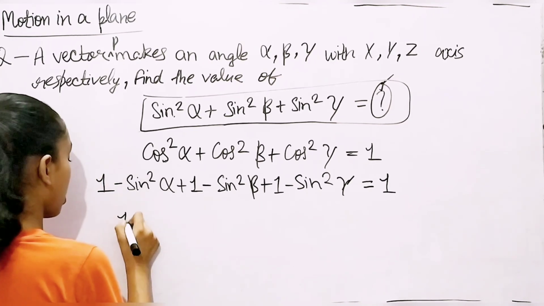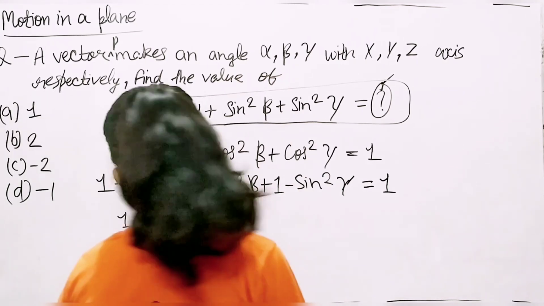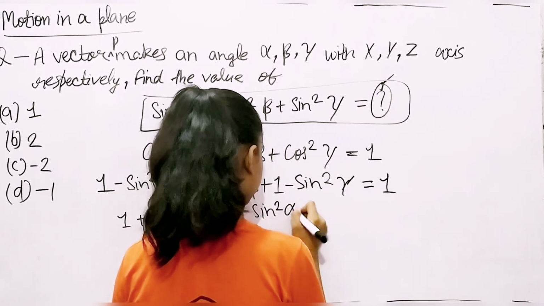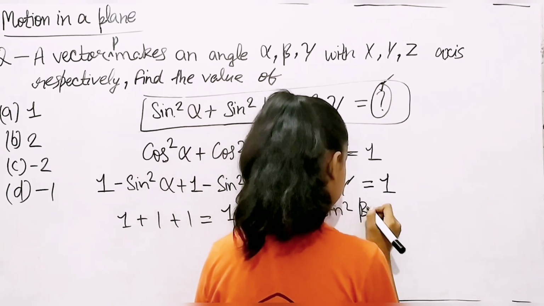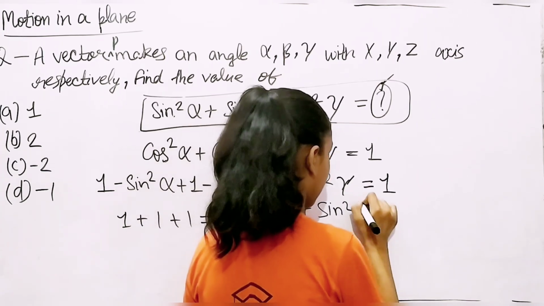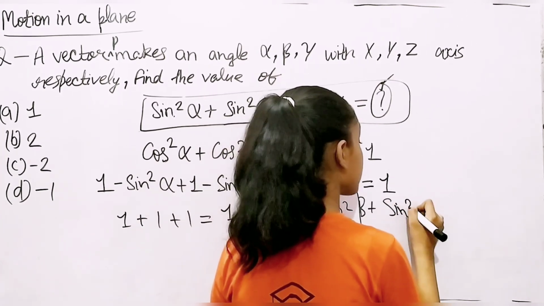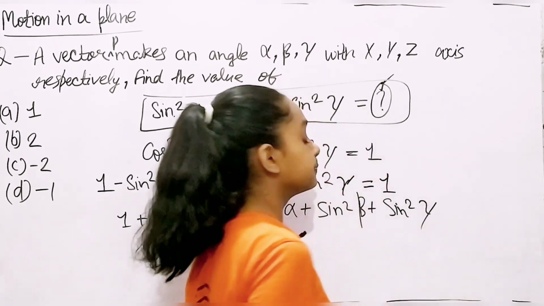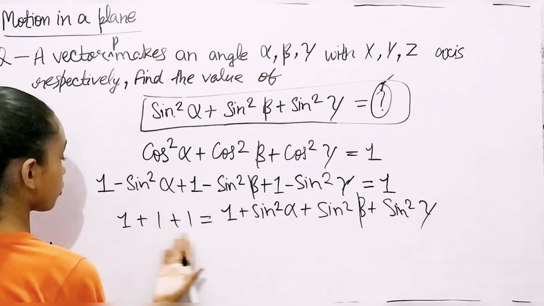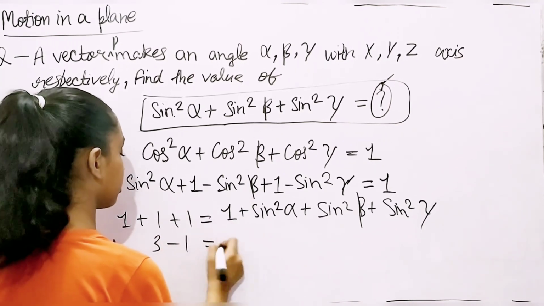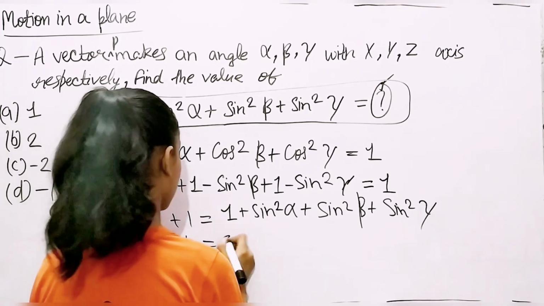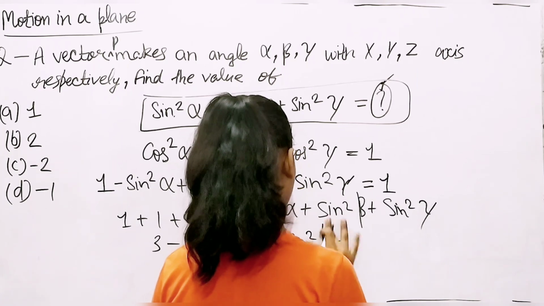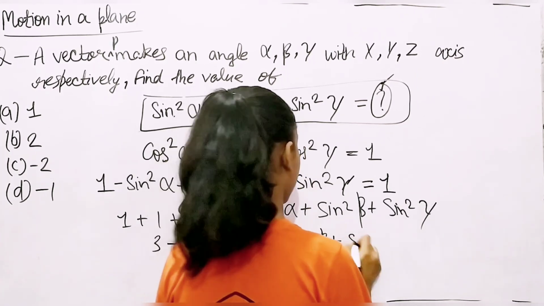What's left is 1 plus 1 plus 1, and on the right hand side, the minus becomes positive, so sine square alpha plus sine square beta plus sine square gamma.